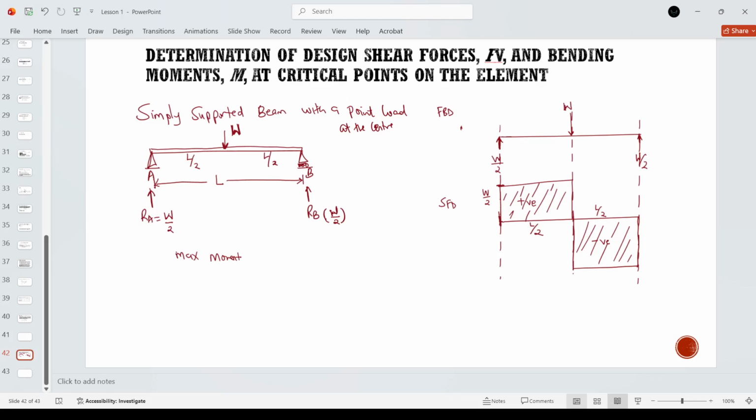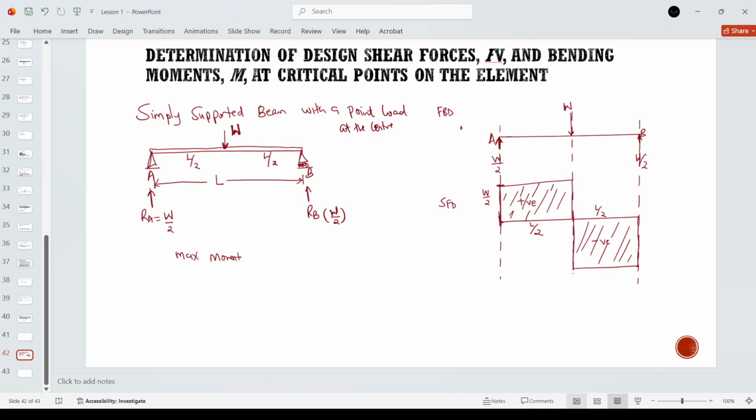So, you guys have forgotten how to draw a shear force diagram. If we have an upward reaction at A, then it means that there will be an instant increase.